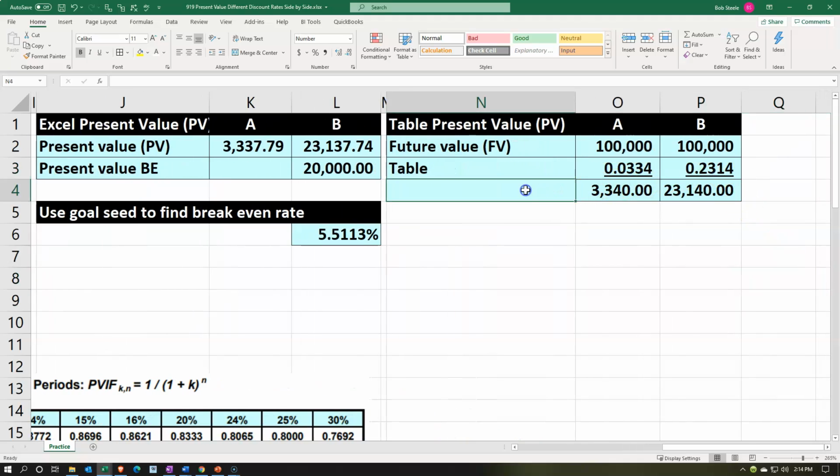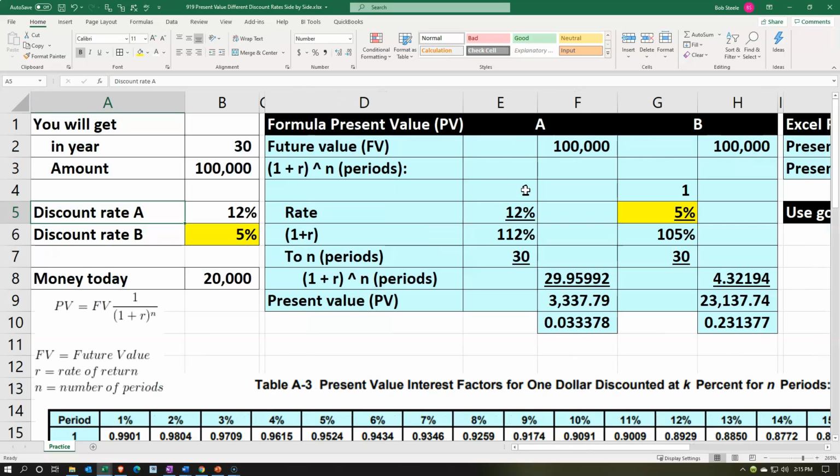Okay, and so this is going to be the present value, PV. So it's worth just working these a few different ways and multiple different times just to get a feel for these present values in terms of what the results will be, the effect of the discount rates, as well as how you would calculate those within Excel.